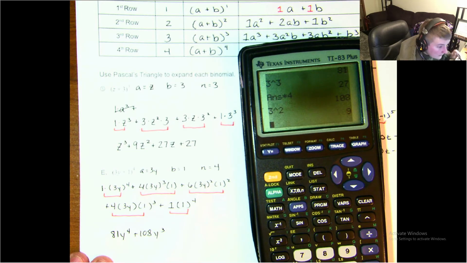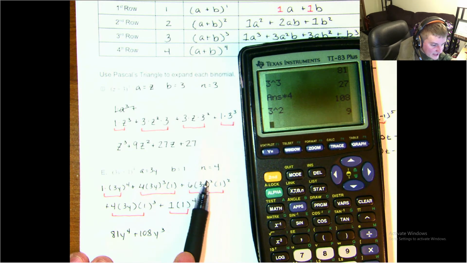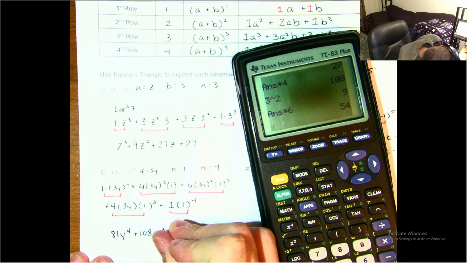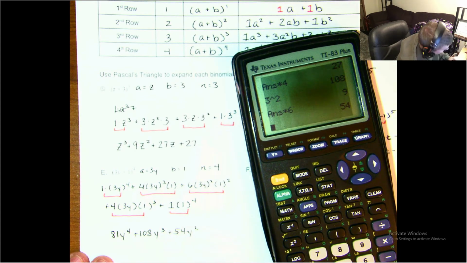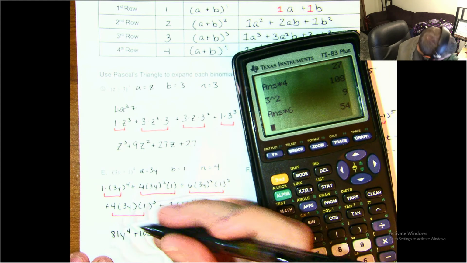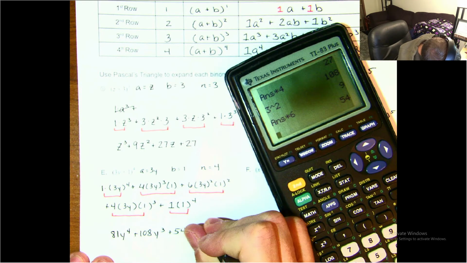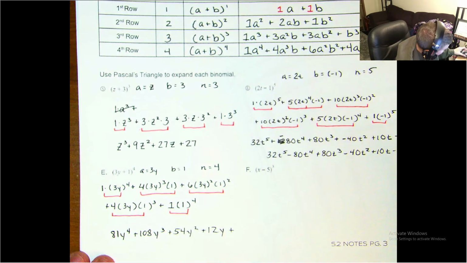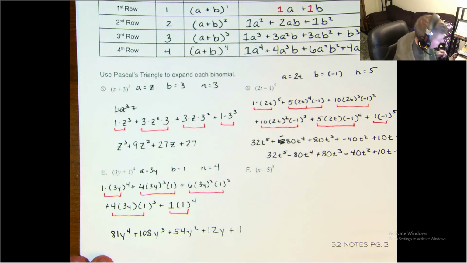Okay, 3 to the second times 1 to the second, well, 1 to the second's 1, so 3 squared times 1 is 9 times 6, which is 54. Okay, here 3 to the first is 3, 3 times 4 is 12, so 12y. And then 1 to the fourth is 1, times 1 again is 1.